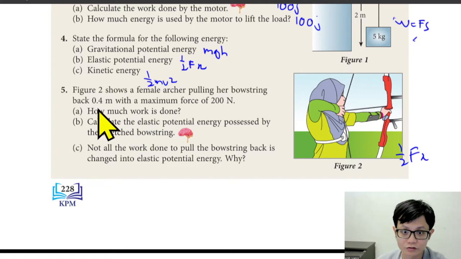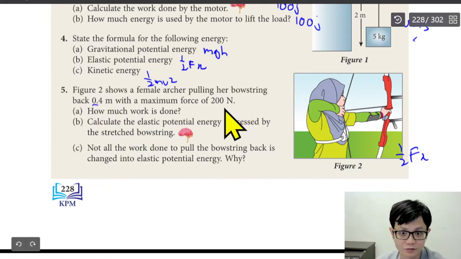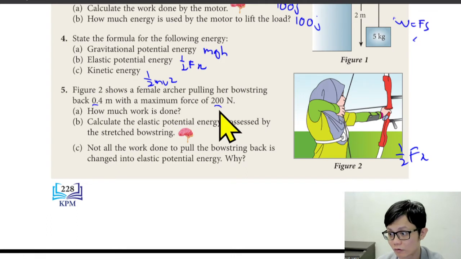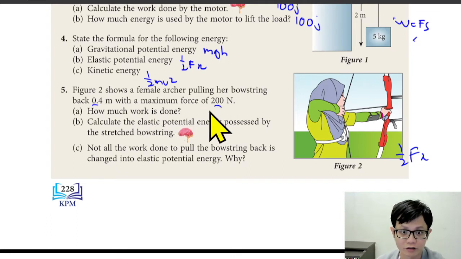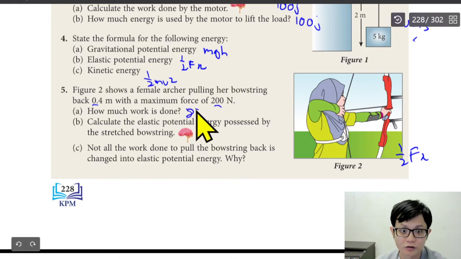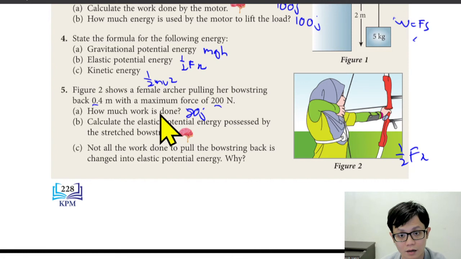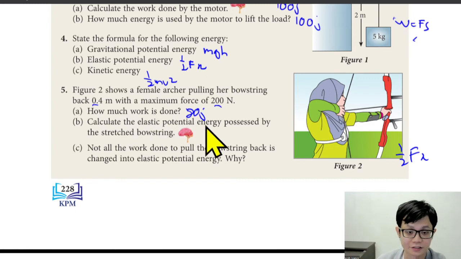So work equals 0.4 times 200 newtons. Work equals force times displacement, so 200 times 0.4, I get 80 joules.